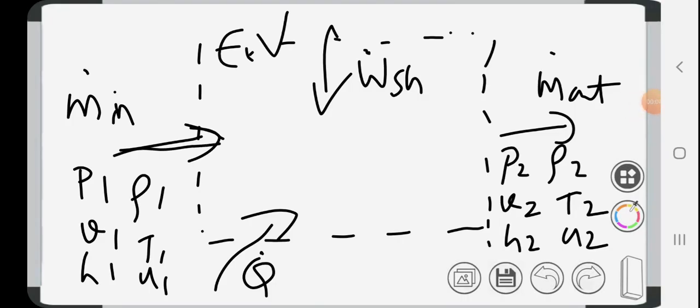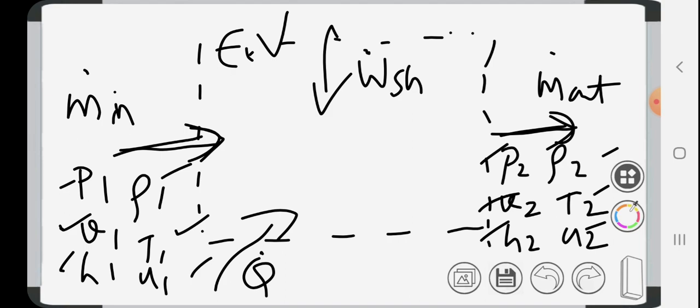We have a mass inlet, m dot in, and mass outlet, m dot out. At the inlet, pressure P1, density ρ1, specific volume small v1, temperature T1, specific enthalpy h1, specific energy small u1. Similarly P2, ρ2, small v2, T2, small h2, small u2. Okay.